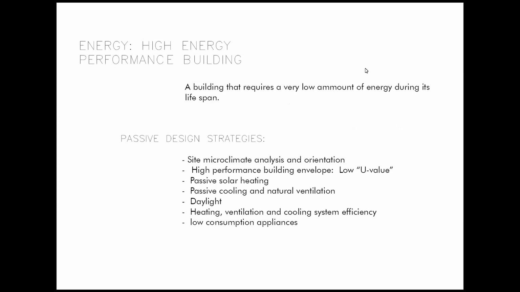When we speak about high energy performance building, we intend a building that requires a very low amount of energy during its lifespan. How can we achieve this low amount of energy requirements? We can use passive design strategies that require site microclimate analysis and orientation, and a high performance building envelope, that means low U value, which I'm going to describe better at the end, in later slides.